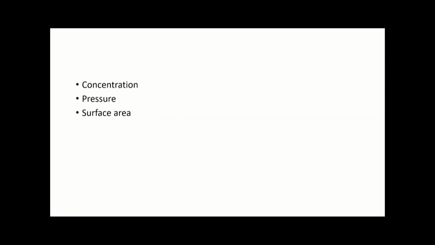That's what we mean when we say faster reaction rate. You can see at the beginning of the graph here, the gradients are completely different at the start, and that's what we're really talking about when we're saying faster and slower reaction rates. So concentration, pressure, and surface area are the 3 ways that we can increase the number of collisions to make a faster reaction rate.